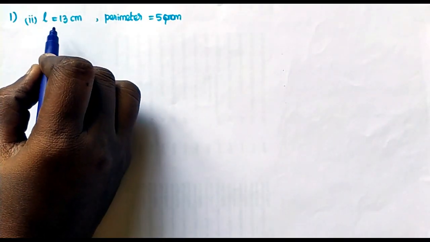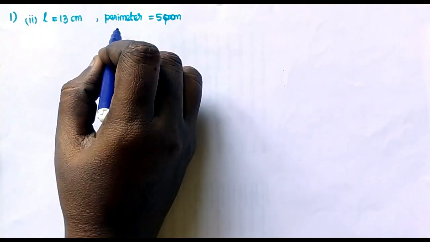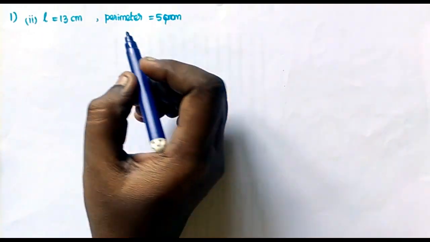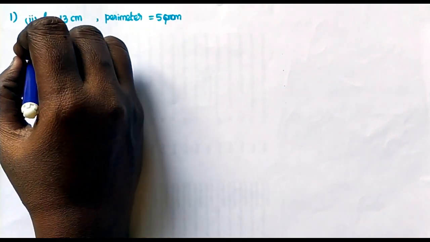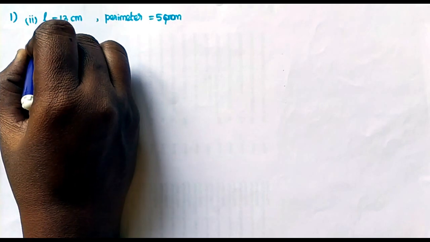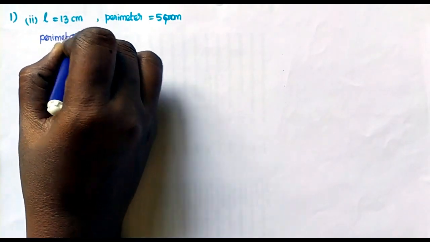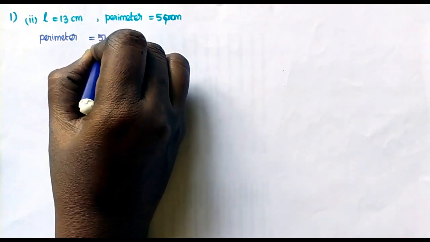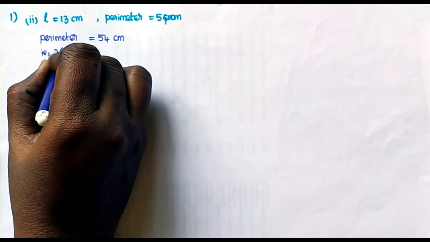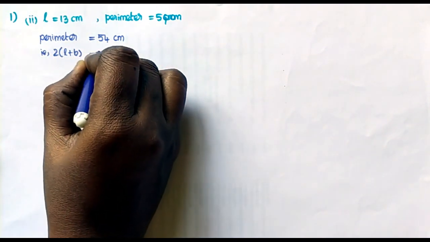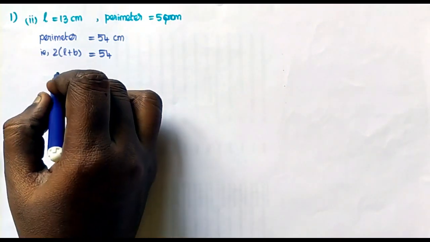First sum, second subdivision. We are given length L equal to 13 and perimeter 54 centimeter. So listen, from the perimeter we have to find out the breadth. Given perimeter equal to 54 centimeter. That means 2 into (L plus B) is equal to 54. Instead of perimeter we apply this formula.